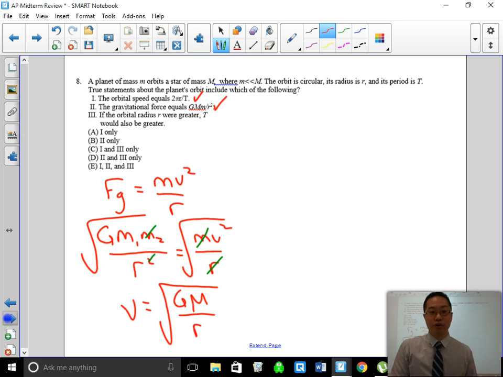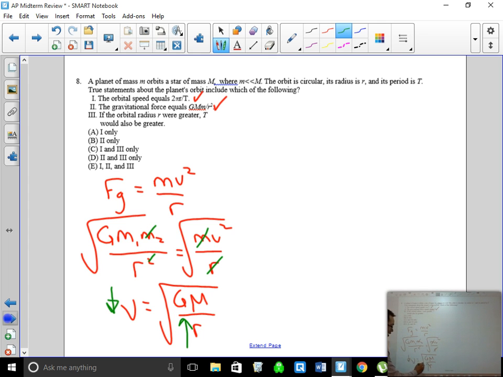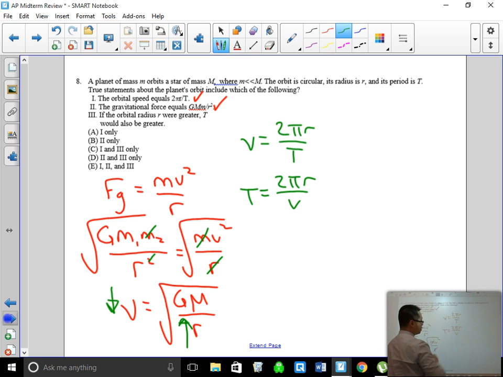So if you increase the radius by a certain value, you're ultimately going to be decreasing how fast it's going, because there's not as much gravitational force pulling on it. So with that in mind, v is equal to 2 pi r over T, and I rearrange it to T equals 2 pi r over v.